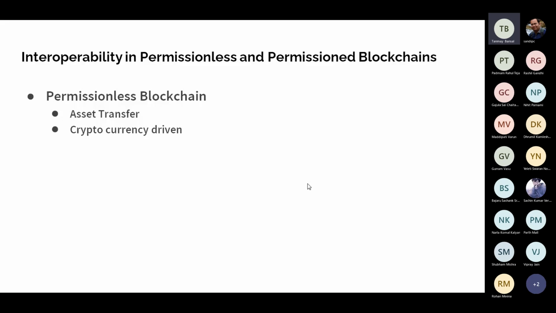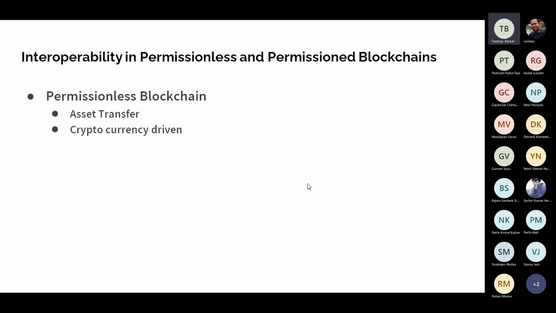So there, when we talk about interoperability, it is more about transferring of assets. Typically, we'll see very quickly in the following slides that it is about transferring, say, one cryptocurrency from one blockchain to an equivalent value of cryptocurrency in another blockchain. So this is more about transferring the so-called assets, and it's cryptocurrency driven.